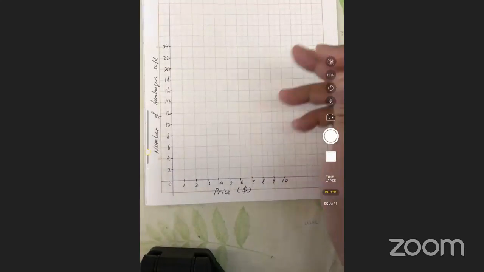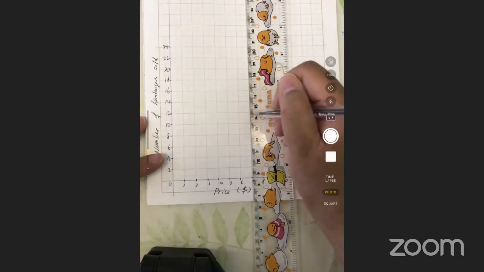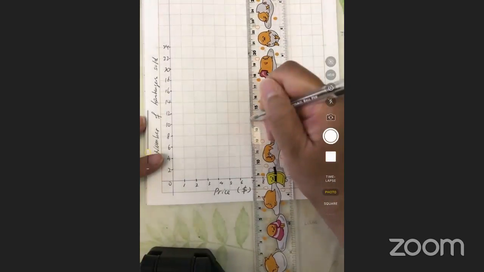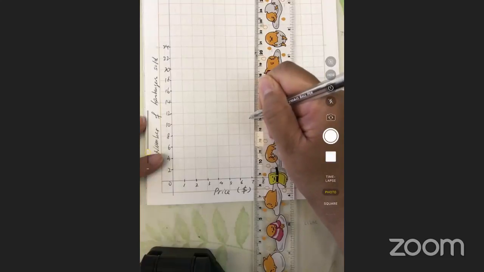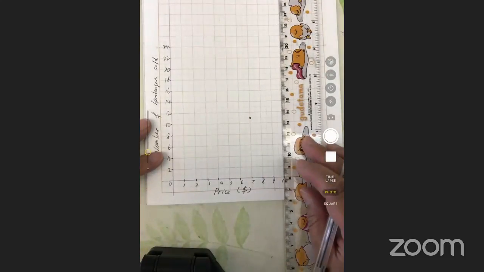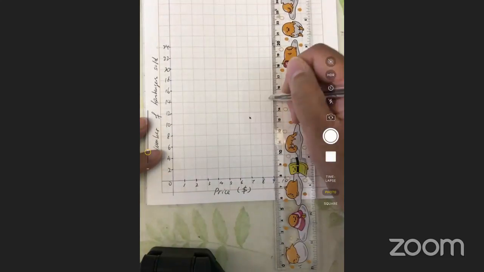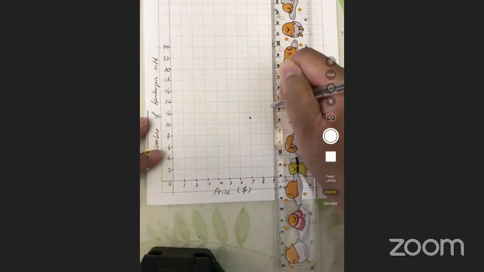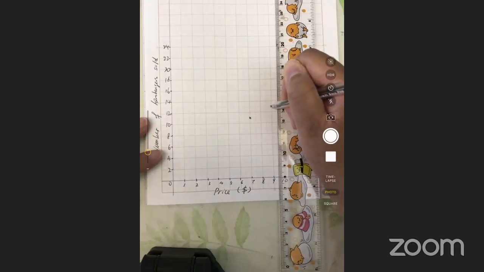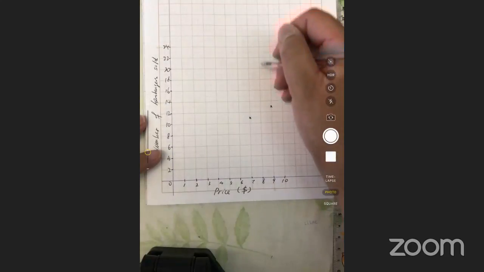You may use a ruler to help you. Okay, 7, and then 11 should be here, right? And then you mark it. Okay, and then 9 will be 13. Okay, like that. You then mark it one by one.